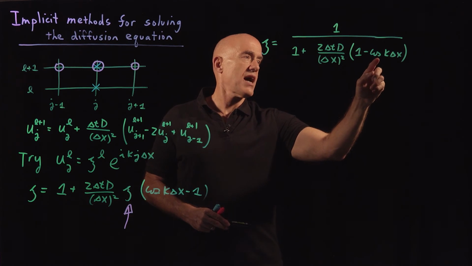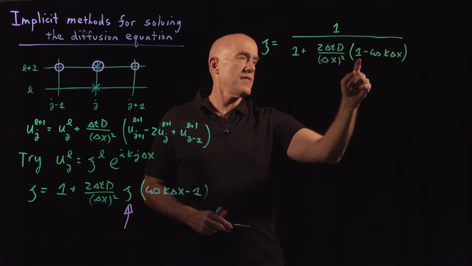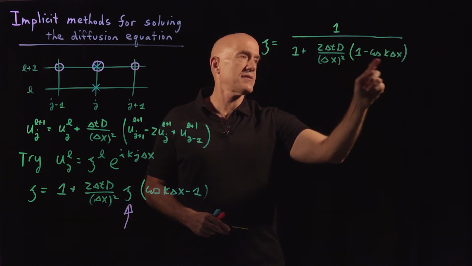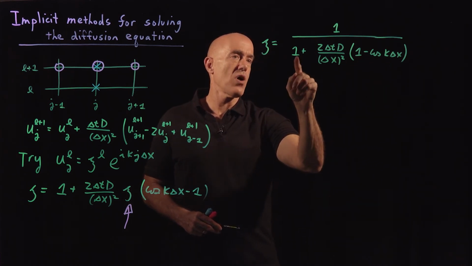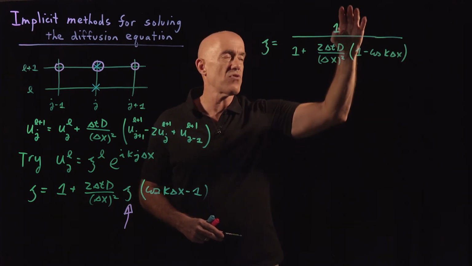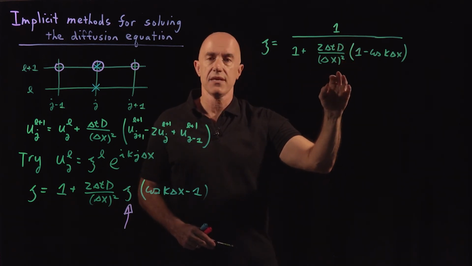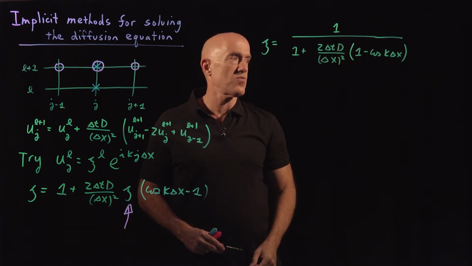Then when cosine k delta x becomes smaller than 1, then this one will become positive, right? So we have 1 plus a positive number in the denominator. That will be smaller than 1. So 1 divided by 1 plus a positive number is less than 1.